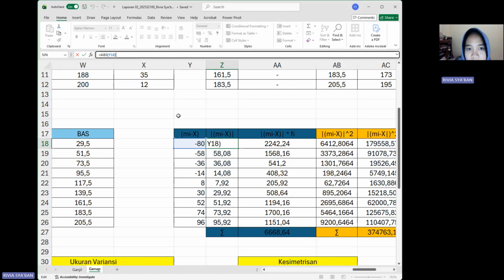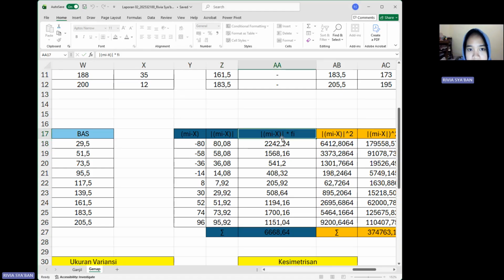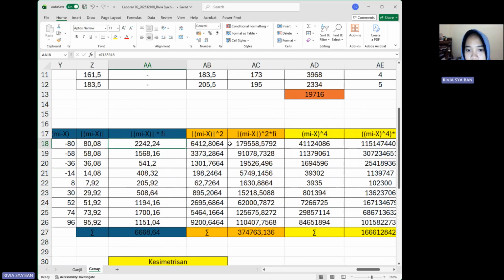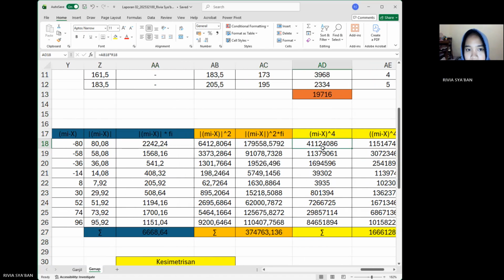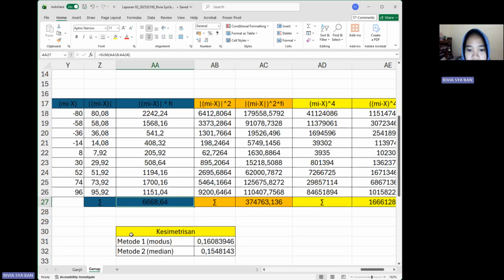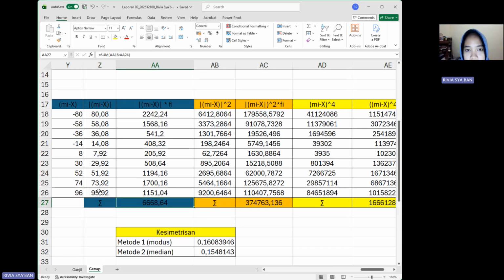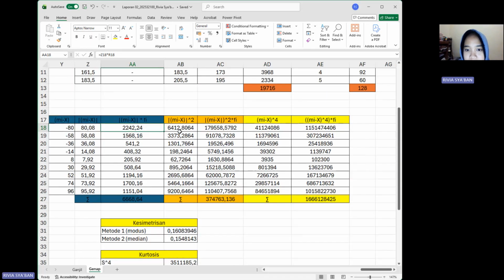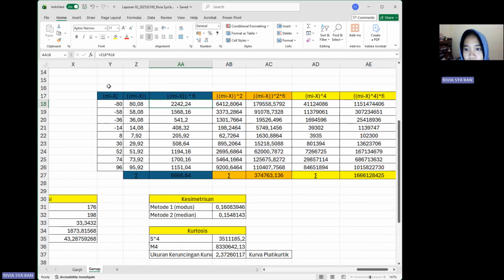Then we sum the total of these values, and do the same thing for every table in here.